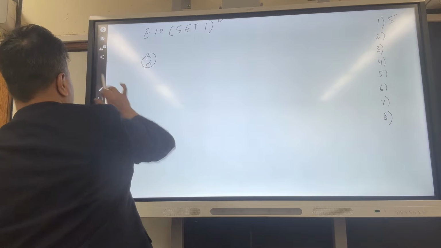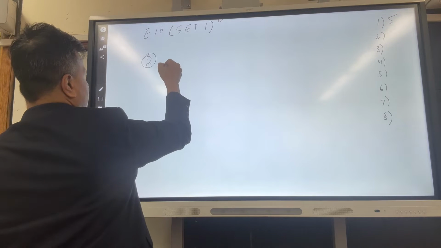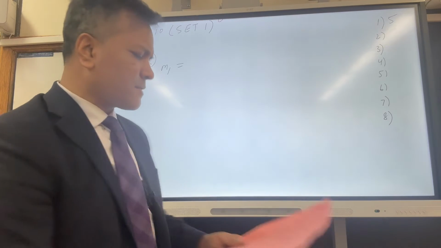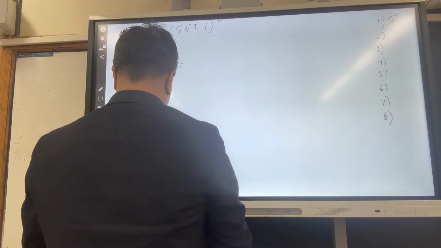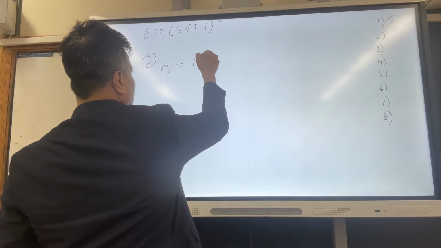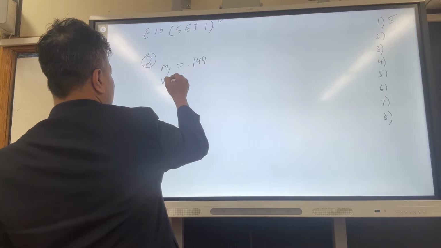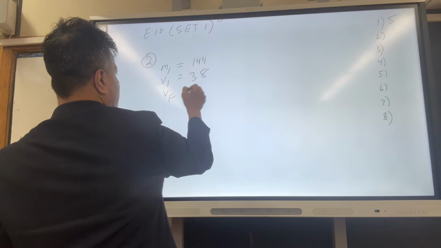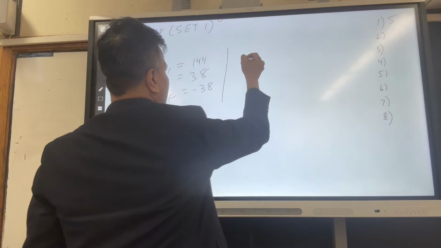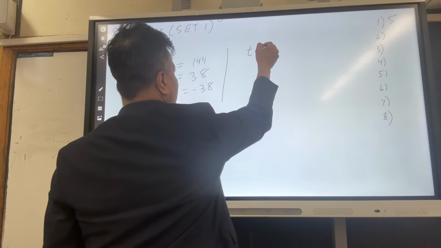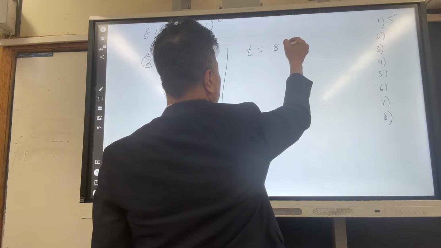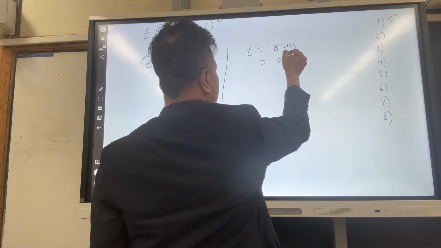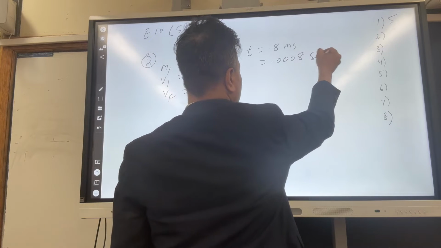Problem 2, you have mass 1, the mass is, I'm never going to remember this mass, 0.144. Velocity initial is 38. Velocity final is negative 38. And the time is 0.8 millisecond, which is 0.0008 second.